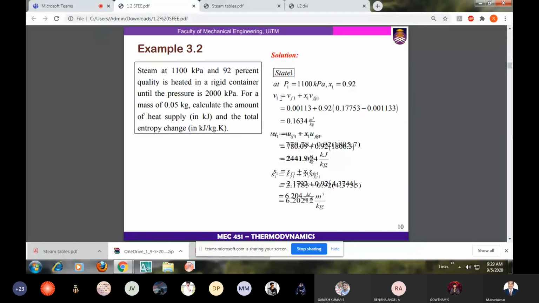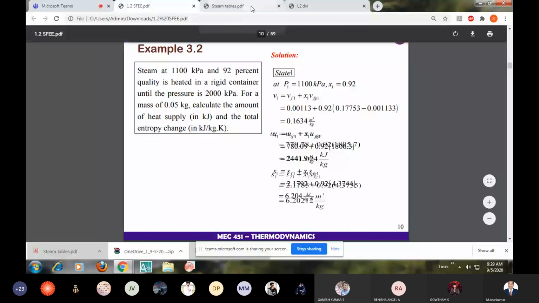So specific volume V1 is equal to Vf1 plus X1 Vfg1. Specific volume can be calculated by using this formula. We can get these values, Vf and Vfg, in the steam tables.